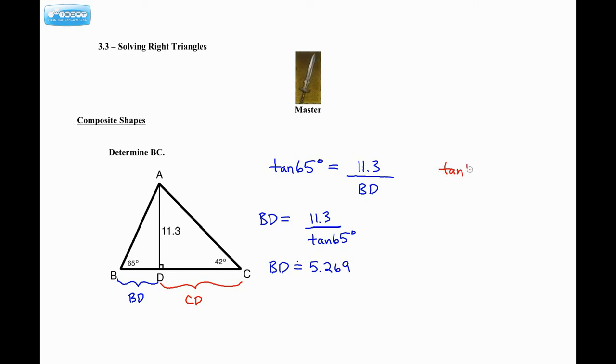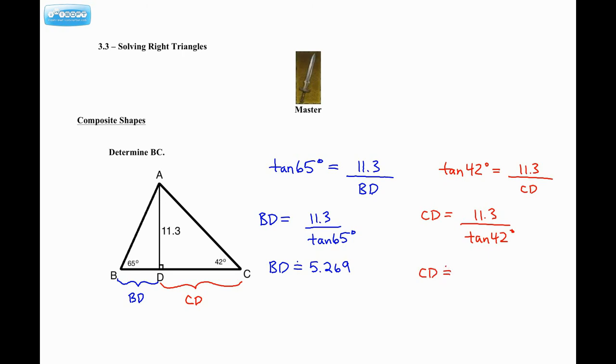So tan of 42 is opposite divided by the adjacent. All right, well, it's exactly the same procedure as before. It's kind of nice. CD. See what we get.